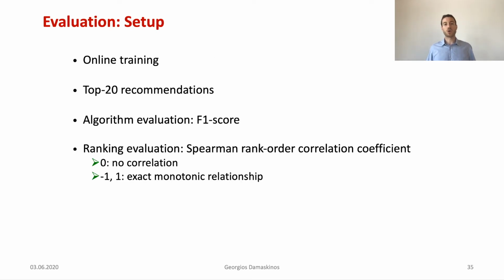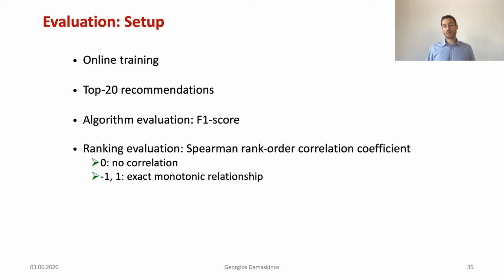For our setup, we use online training, in the sense that the ratings appear in a time-based manner, chronologically. We use top 20 recommendations, and to evaluate our algorithms, we use the popular F1 score that incorporates the precision and the recall. As far as the ranking is concerned, for the evaluation, we use the Spearman rank order correlation coefficient.